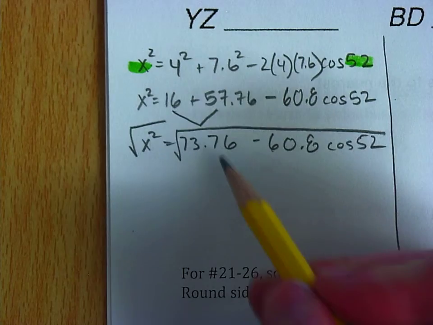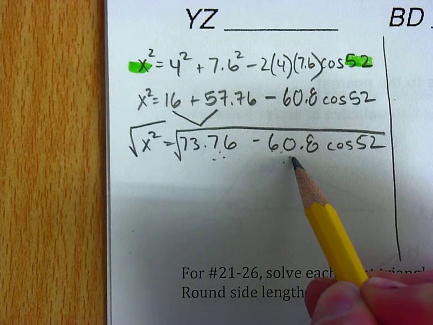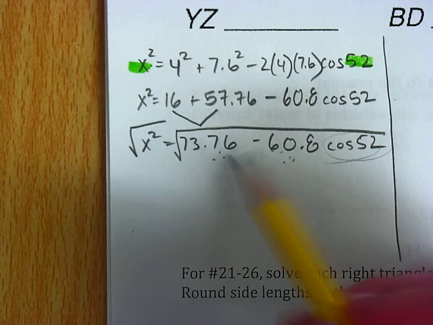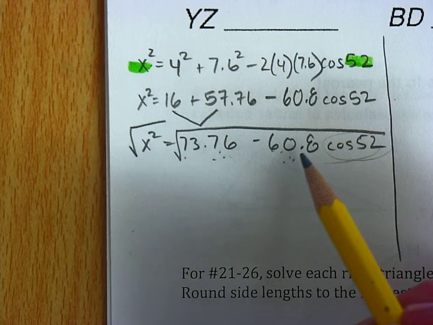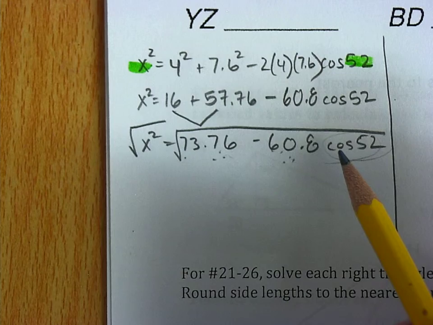Now remember, I can't combine these. And the reason I can't is because this 60.8 has this cosine of 52 tacked on. But this 73.76, well, it doesn't have a cosine of 52. It doesn't have it. So we can't combine them.